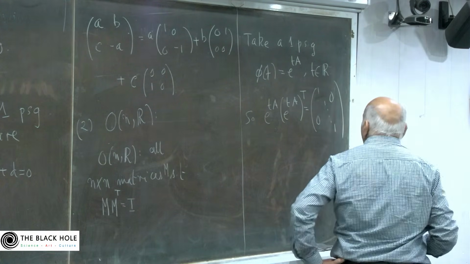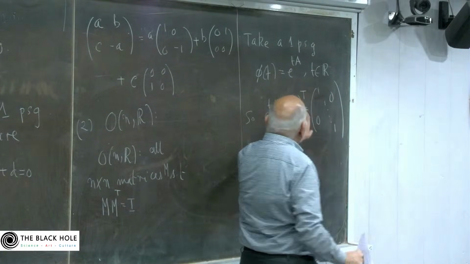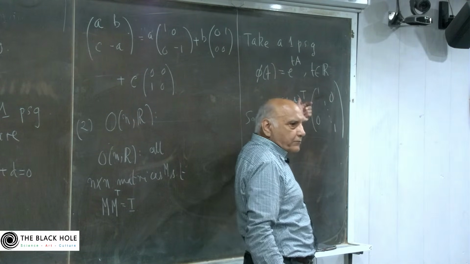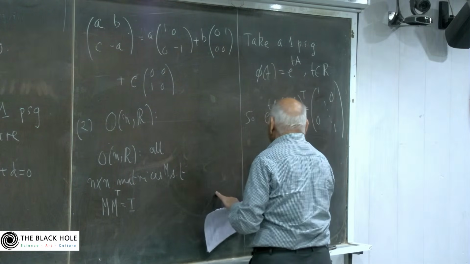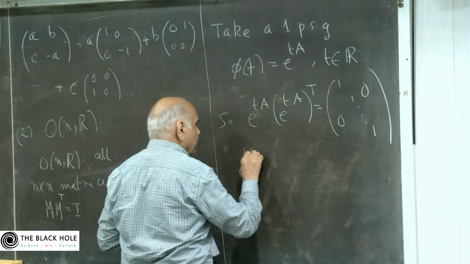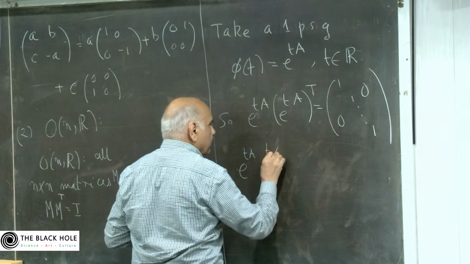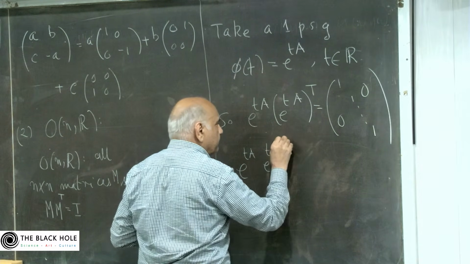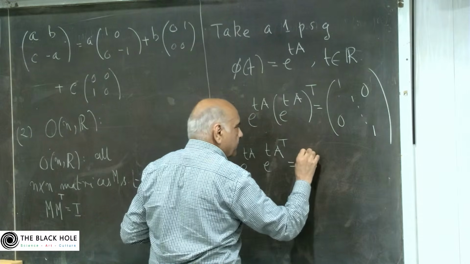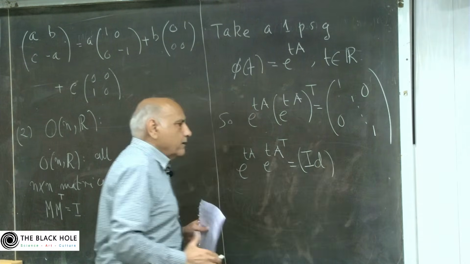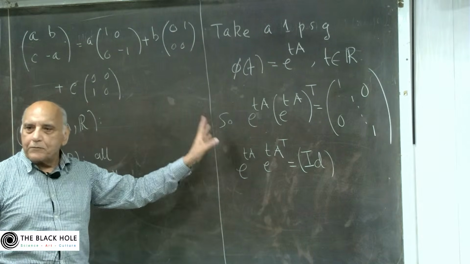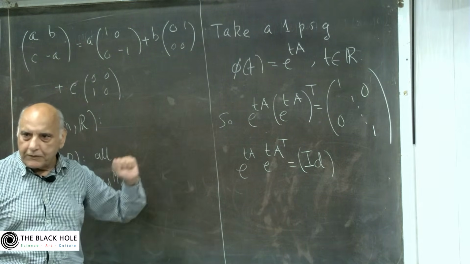When you look at the power series for e to the tA, you can bring the transpose inside. So e to the tA times e to the tA transpose is equal to the identity matrix, Id, because I am going to use I for something else.